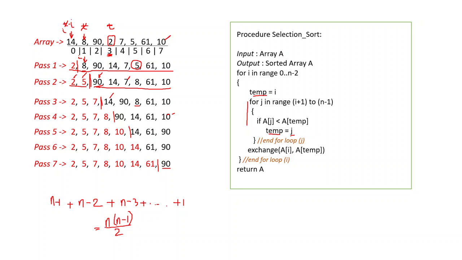As you can see, you can always write this as n square minus n, divided by 2. Since we do not consider the constants when expressing this in asymptotic notation, we will say that the runtime complexity of this algorithm is of order n square. So O(n square) is the runtime complexity of selection sort.